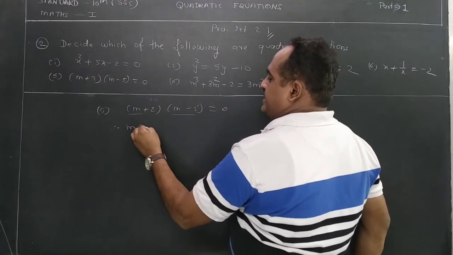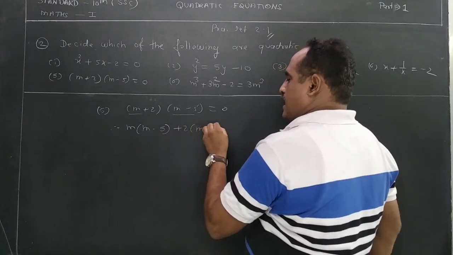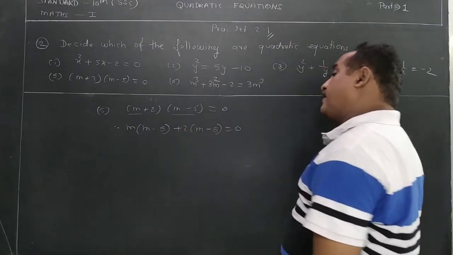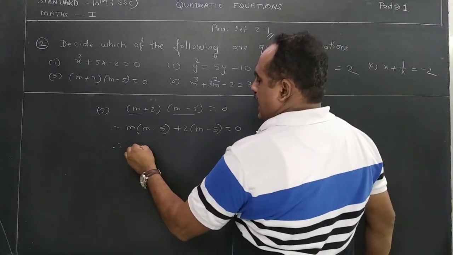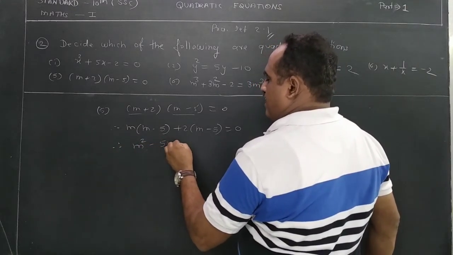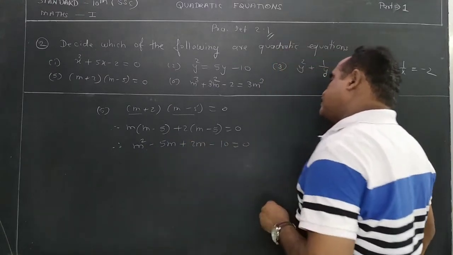m plus 2 in this bracket, m minus 5 is equal to what will it be? 0. If I multiply, what will I get? m square minus 5m plus 2m minus 10 is equal to 0.